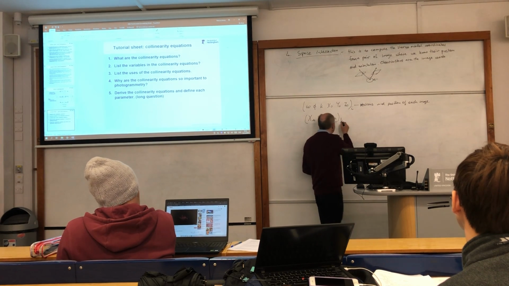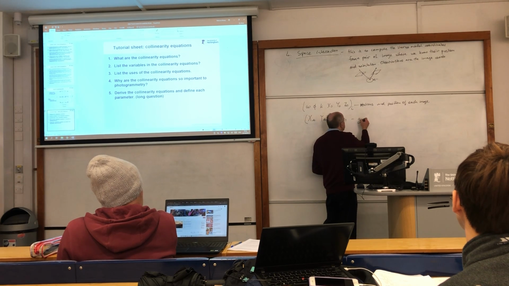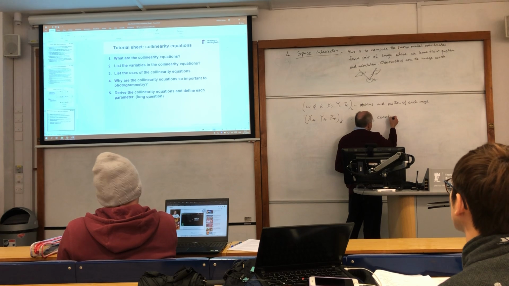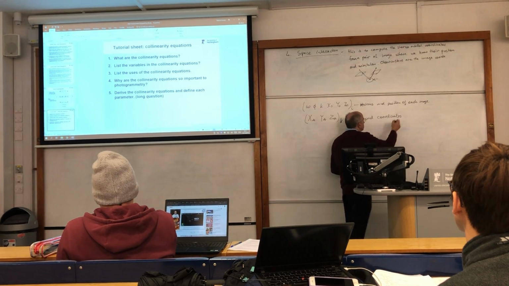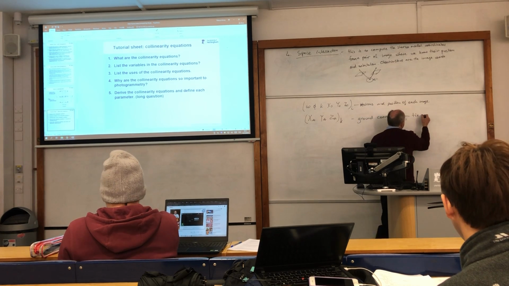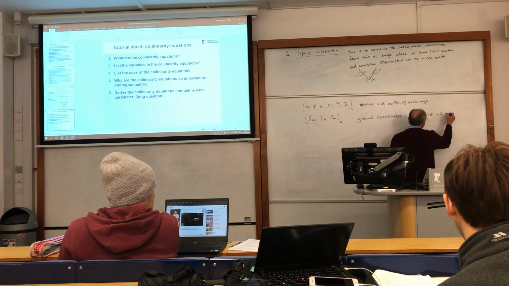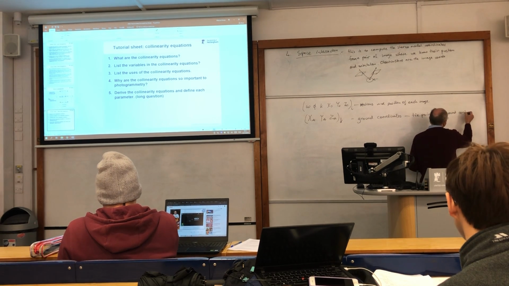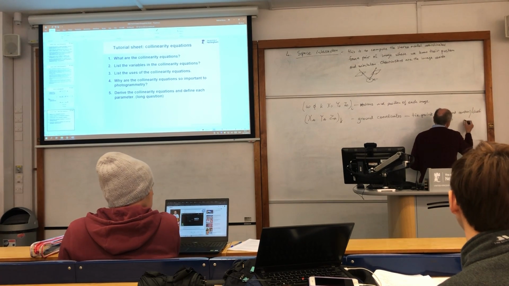This is the number of tie points or ground control points, tie points and ground control check points.